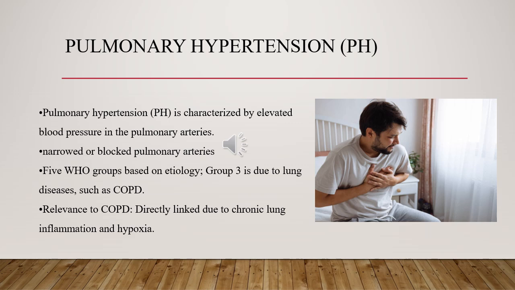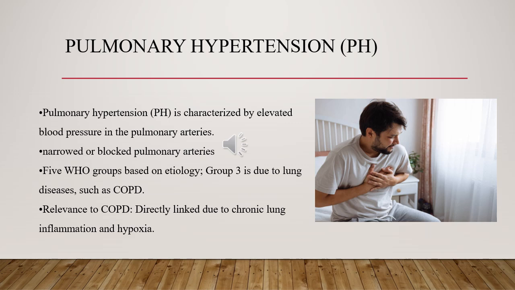This resistance forces the right ventricle of the heart to work harder to pump blood into the lungs, often resulting in hypertrophy, dilation, and ultimately failure, a condition termed cor pulmonale.